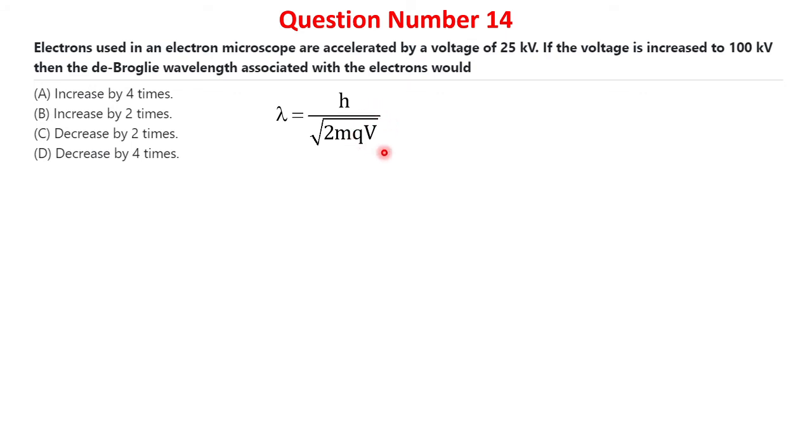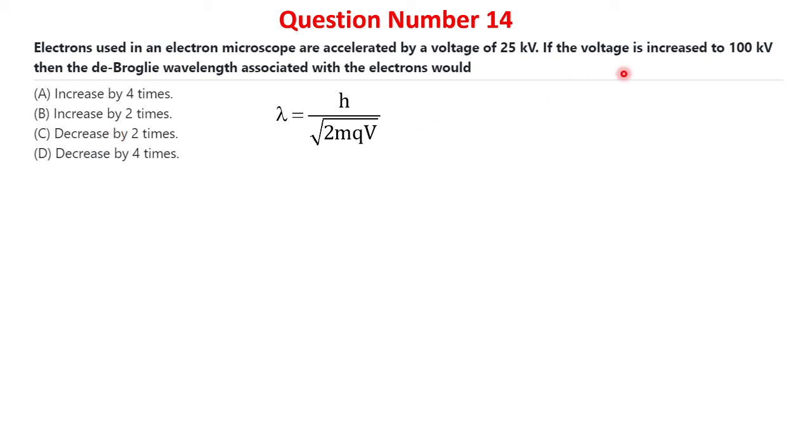So since V has been made 4 times, the square root of 4 gives 1 by 2. So wavelength must decrease by 2 times. So option number C is the correct option.